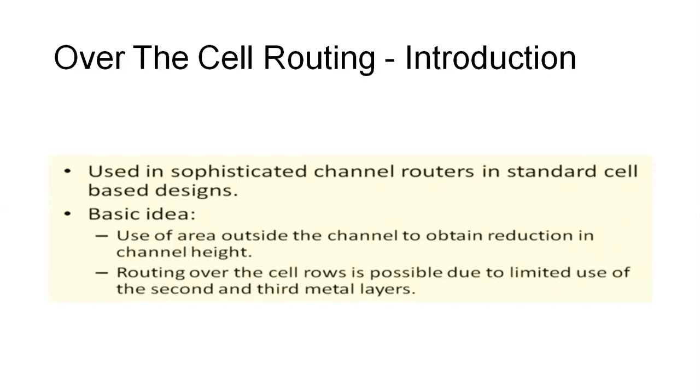This means something like this. What I mean to say is that I am having a standard cell kind of layout, and you are having only a channel. There will not be any switch box. So this is your channel. Suppose we are in a three-layer channel routing. In this channel we are having three layers: metal layer 1, metal layer 2, metal layer 3.